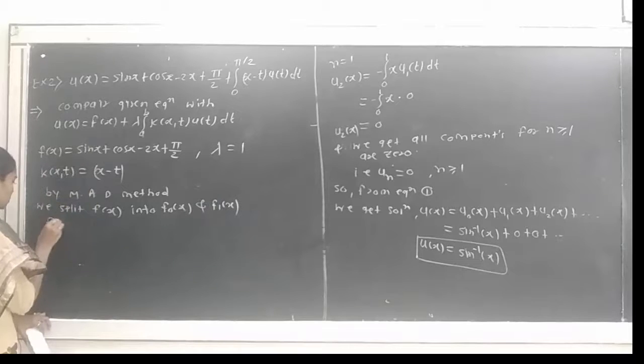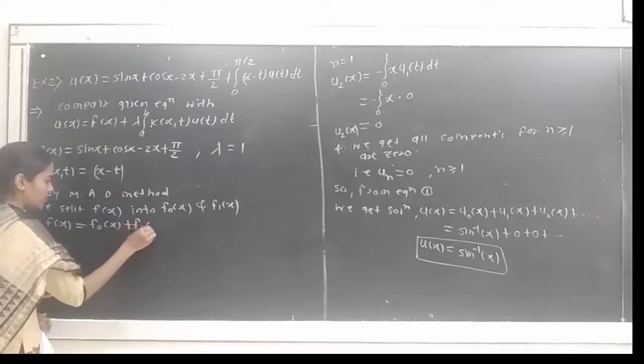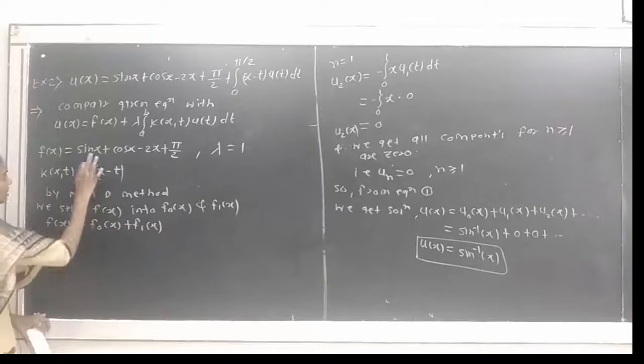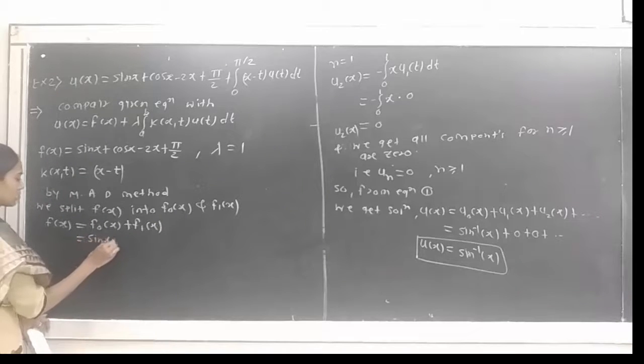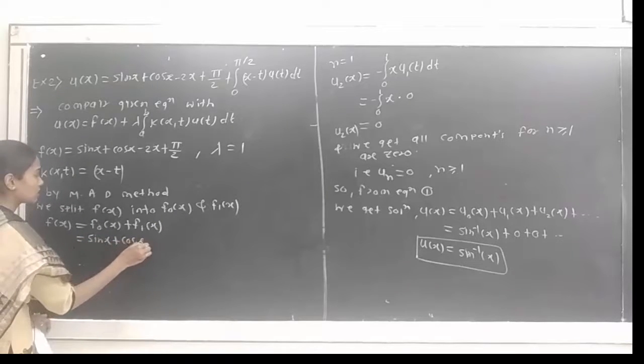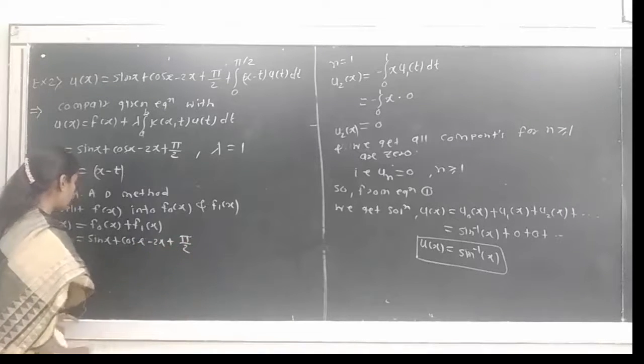So first we split the function. f of x is equal to f0 of x plus f1 of x. Here f of x will be equal to sin x plus cos x minus 2x plus pi by 2.